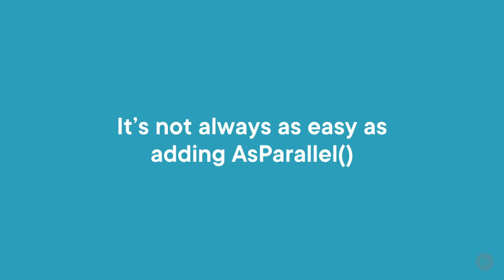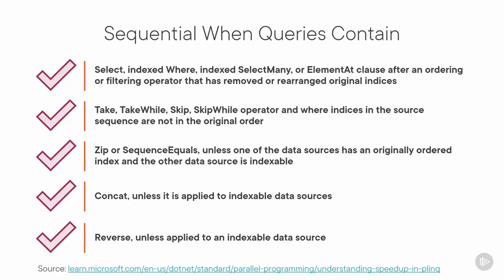But as you've learned throughout this course, there's much more that you need to consider to make sure that your applications behave exactly the way you intended to. As mentioned earlier, depending on what your query is doing, it may be forced to run sequentially. This is something determined by the parallel query.